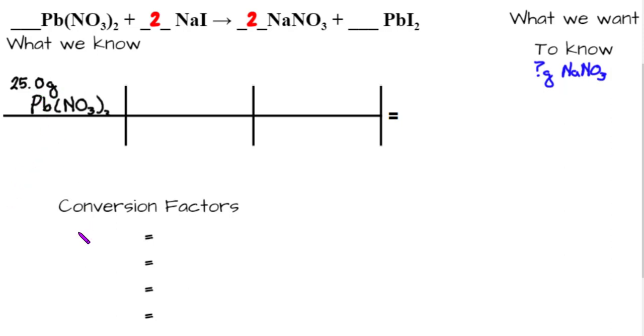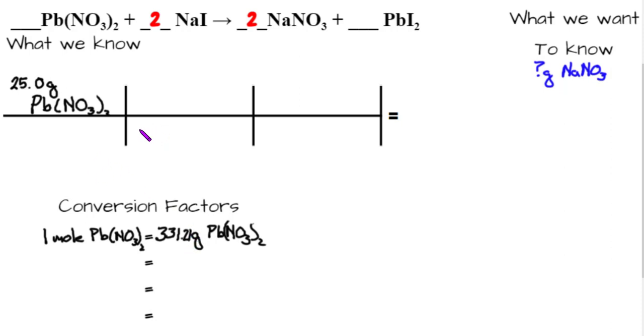Like, for example, 1 mole of PbNO3 is how many grams of PbNO3? 331.21.